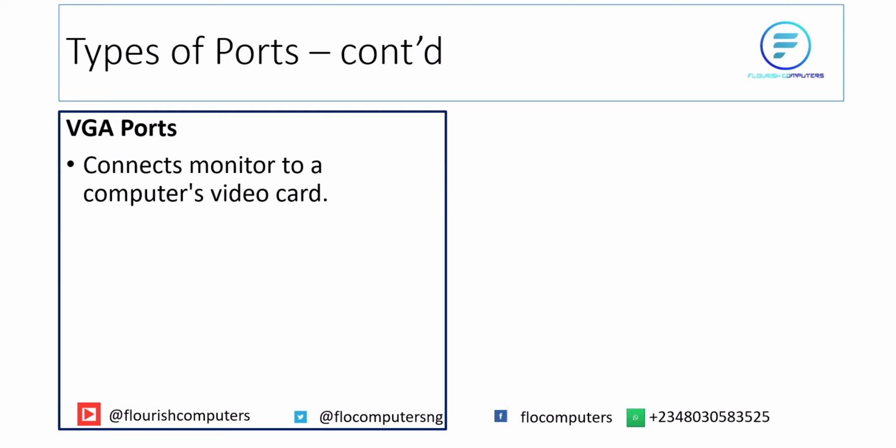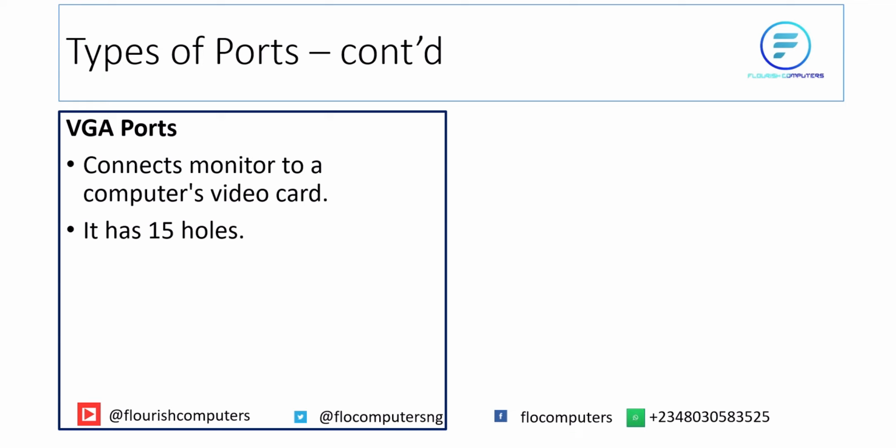Your desktop monitor in the house can only be connected to your CPU via the VGA port or via the HDMI port. If you are using old technology, definitely you are going to have the VGA port. If you are using an old device, you are going to have the VGA port on your monitor, and you have another one on your laptop or desktop. So that's how they connect.